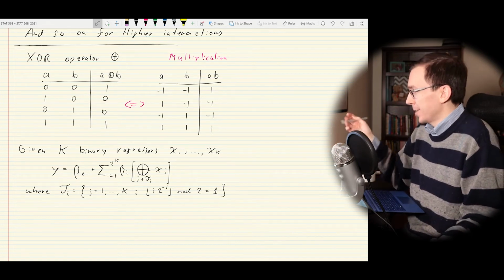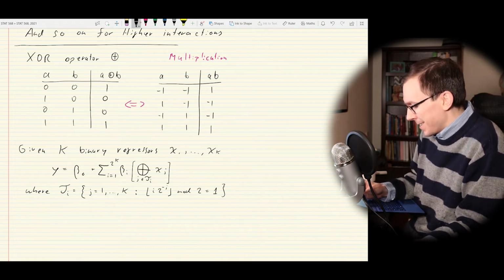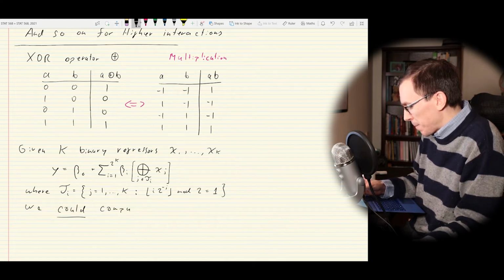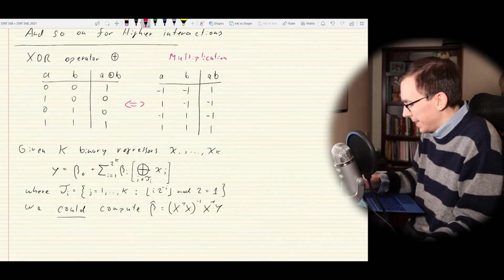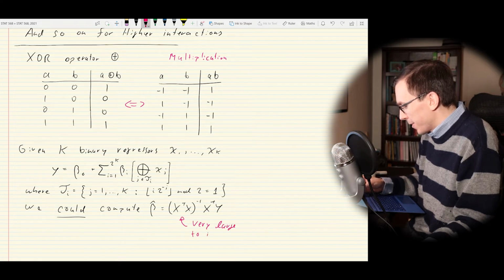Effectively, I can write this out as a nasty large regression equation, and we could compute all the beta hats as usual, but we don't actually want to do that. We could, emphasis on could, compute beta hat as X transpose X inverse X transpose Y, but typically this is very large to invert.